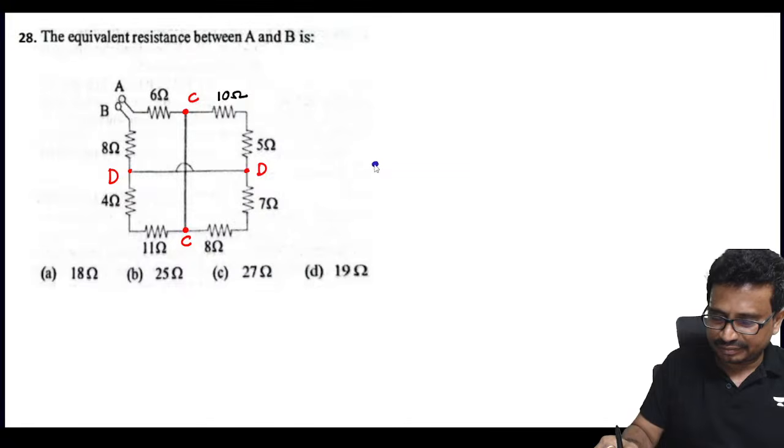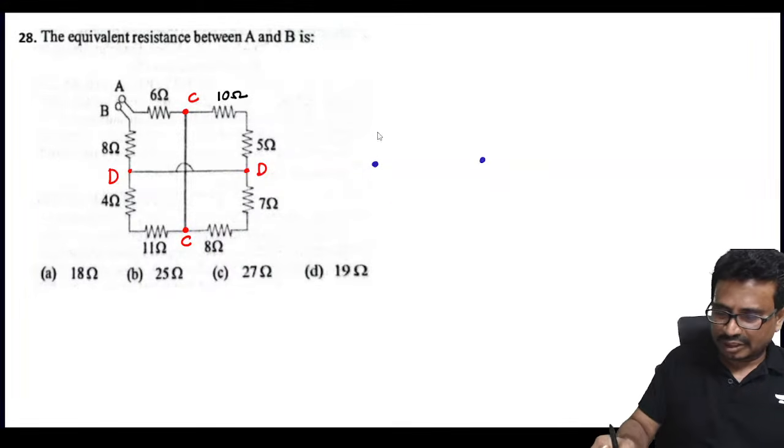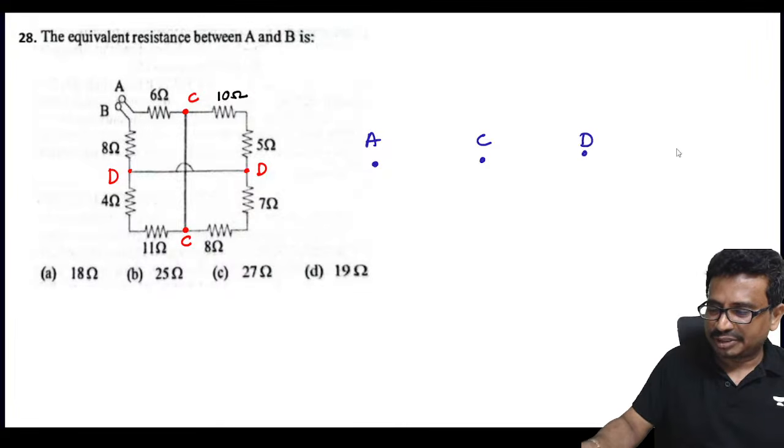This is A, this point is C, this point is D, and this point is B.